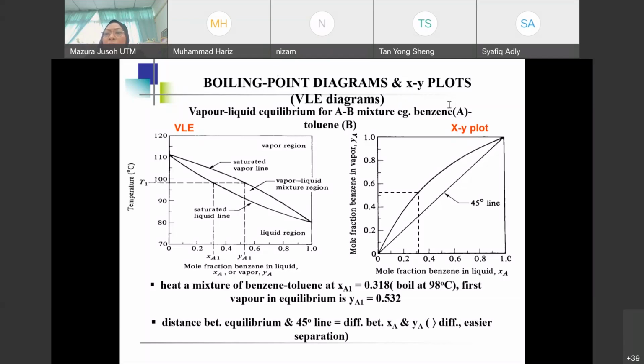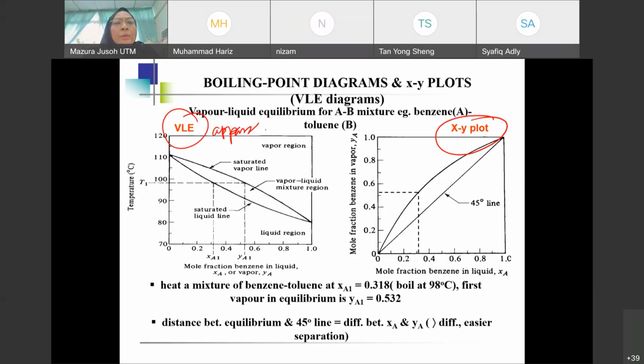Okay, you forgot already what a VLE diagram is. Okay, that's okay. So now I'm going to explain to you, because you're going to be using this diagram a lot. You'll be using a VLE diagram as well as the XY plot here. All right, so this is called vapor liquid equilibrium. You actually produce this using a VLE apparatus.